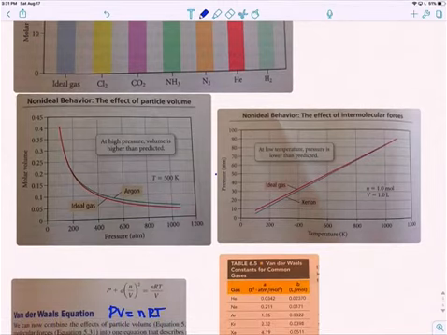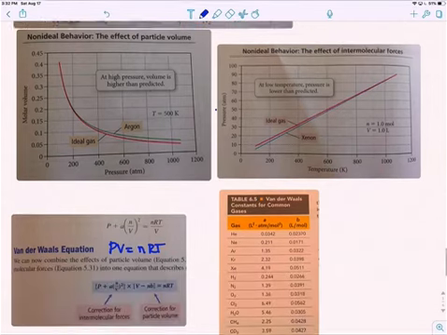At a high pressure, the particle volume takes effect, so the pressure is slightly higher. And then the effect of intermolecular forces, the attractiveness between them: as the temperature gets cooler, the pressure goes down, because the gases tend to hold hands, and instead of two particles, they act like one.